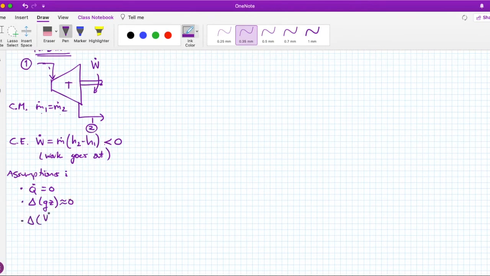Changes in kinetic energy are around zero or can be neglected. You can also model this as if it were isentropic. This is not completely true, but as a good approximation, you can take it as isentropic. With these assumptions, you get to the equations that we have seen.